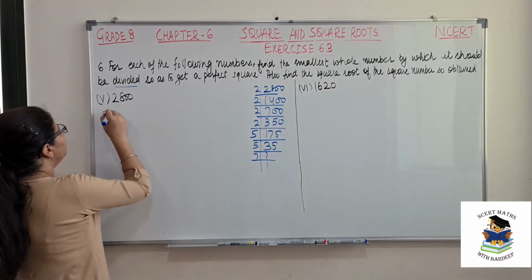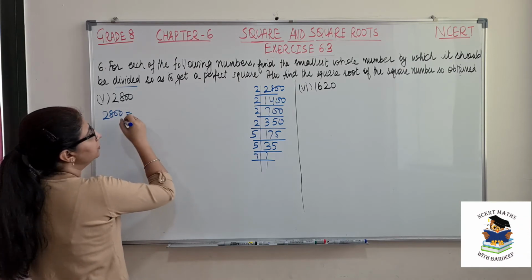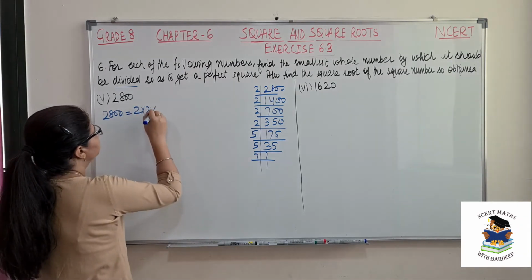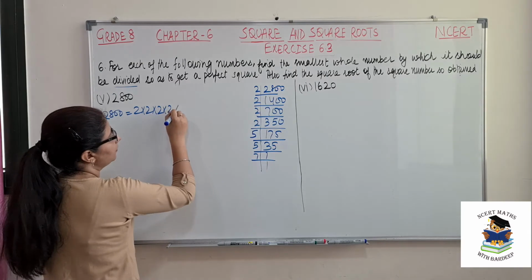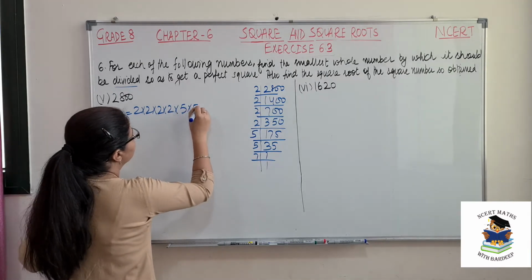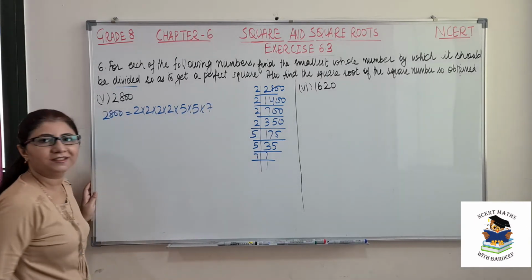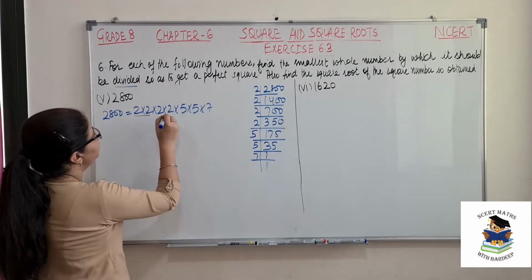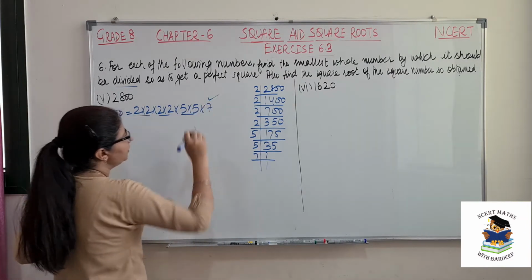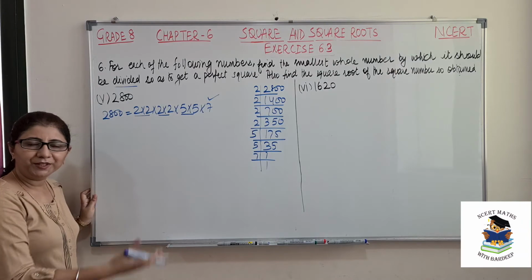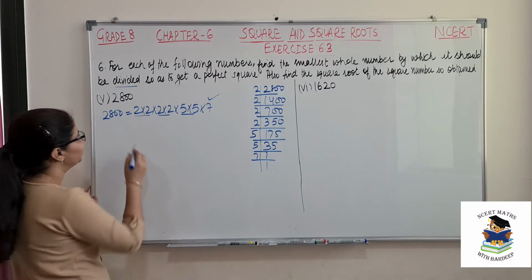So we will write 2800 is equal to 4 times 2, 2 times 5 and 1 time 7. So here we can see that 7 is not in pair. So we will divide our given number by 7.